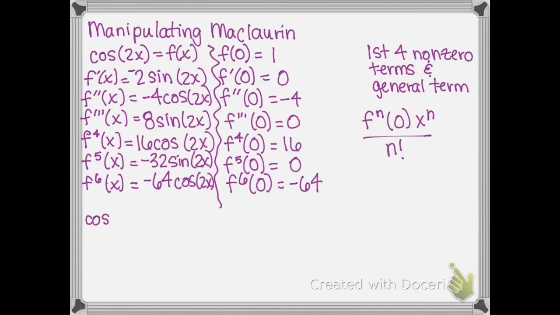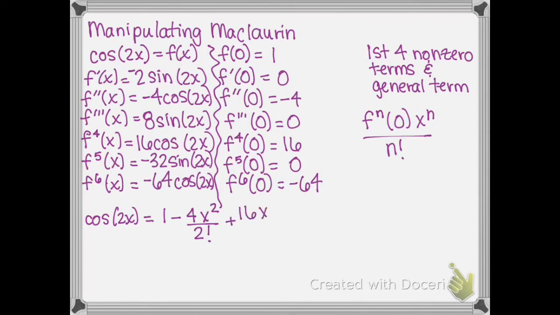So cosine 2x is going to equal 1 x to the 0 over 0 factorial. X to the 0 and 0 factorial just become 1, so I don't need to write those down. Minus 4x squared over 2 factorial. 2 factorial and 2 are the same thing, so you could just write 2 there if you wished.